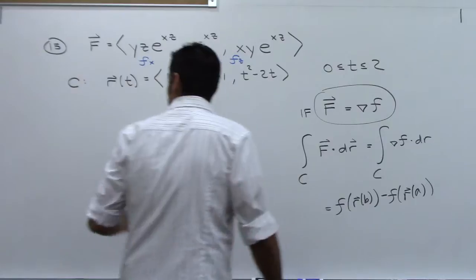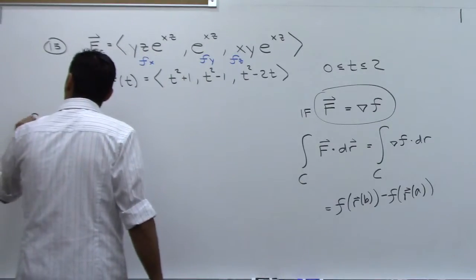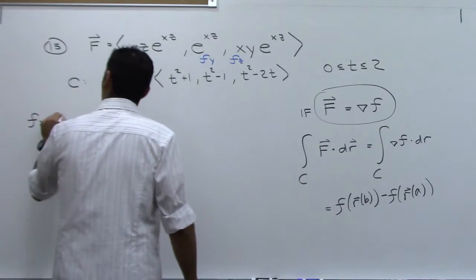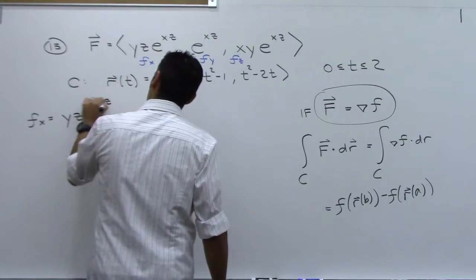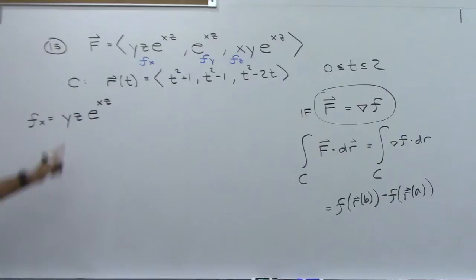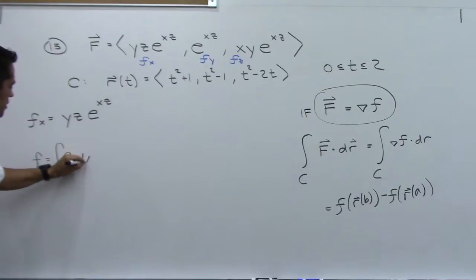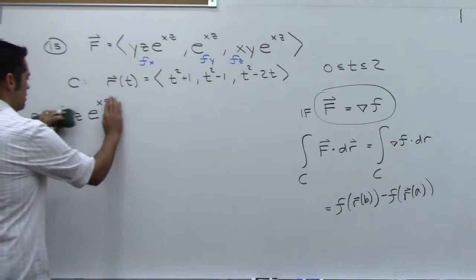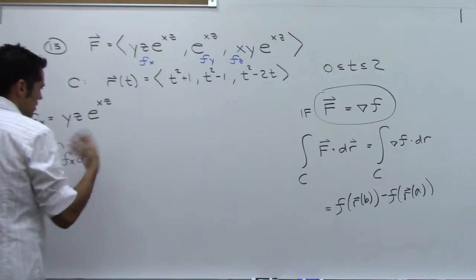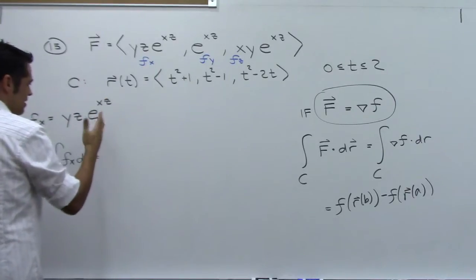So doing what we did last time, I'm going to assume that this is equal to yz e to the xz. Now, if that's true, then f must be the integral of this with respect to x, treating y and z like constants. And so the antiderivative of e to the x is itself, but then that z there, we have to scale by it.